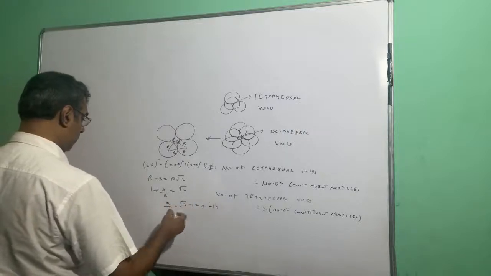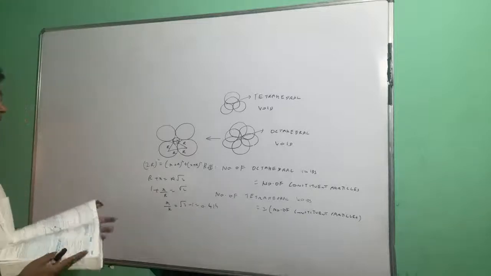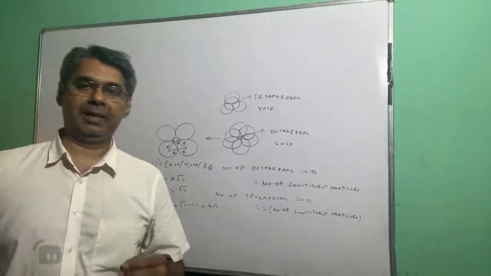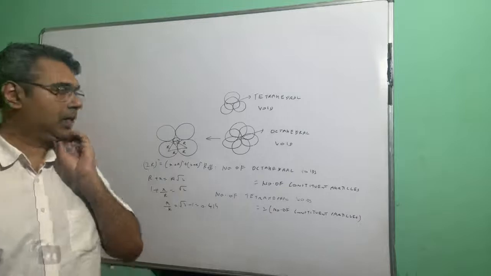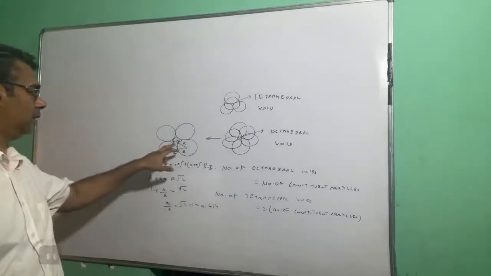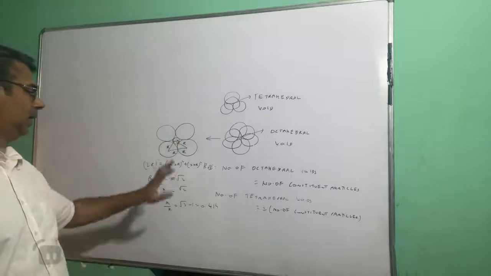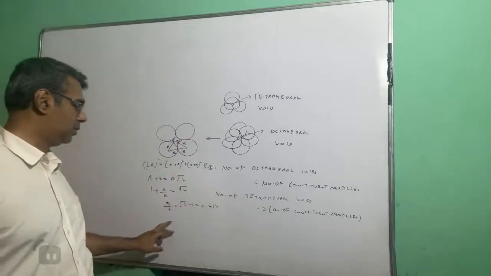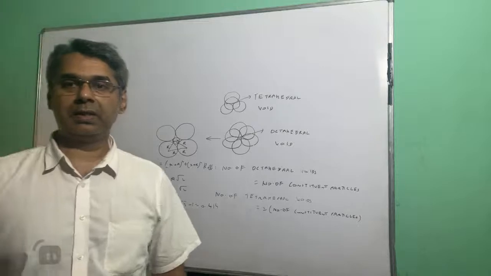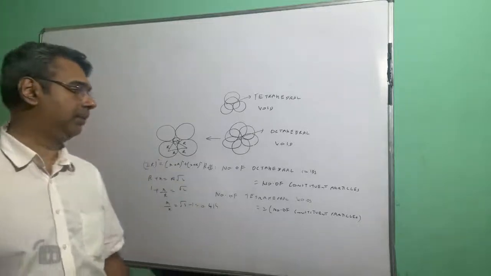So that is 0.414. Generally cations are smaller than anions, so generally this void one will be a cation and these will be the anions. So we can say small r by big R is the radius ratio of cation to anion.